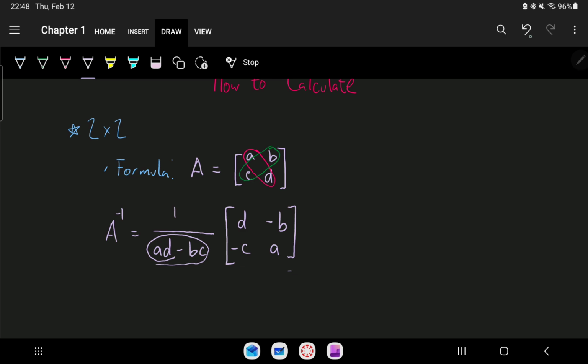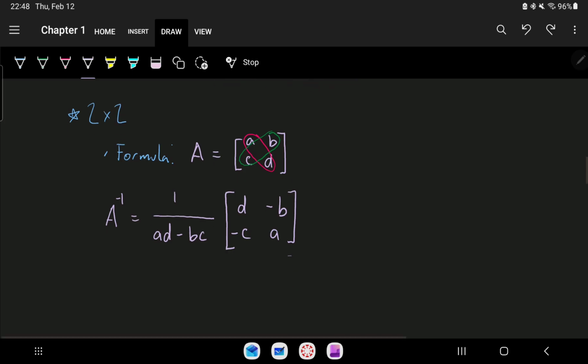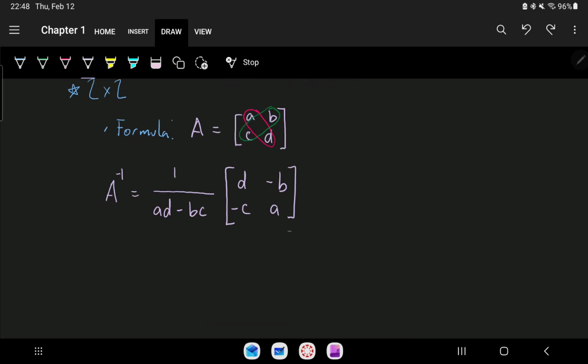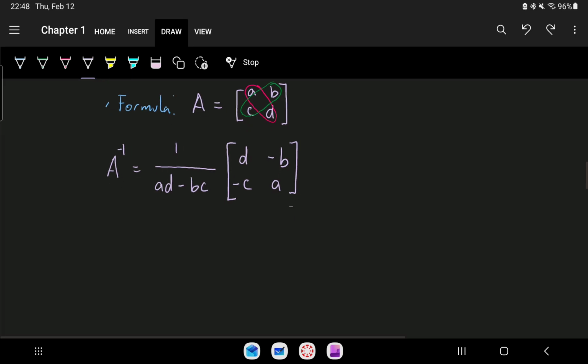But right now, let's just take it as a formula. And this is a really handy formula to memorize, because you can do a calculation like this the long way, which we'll get into in a second, but it is so much easier to do it straight from the formula.